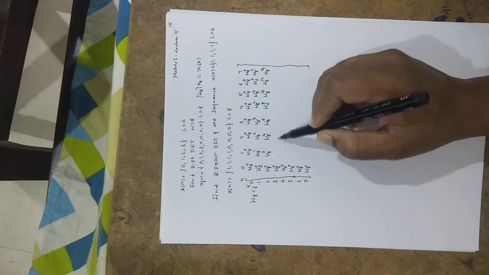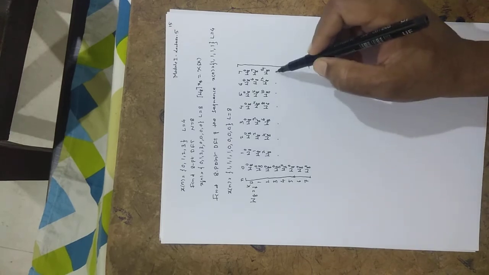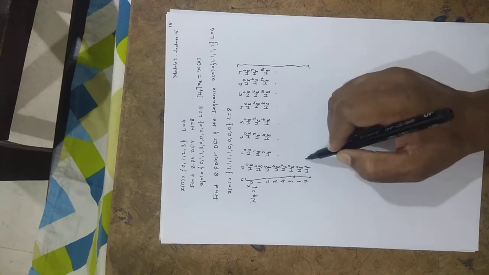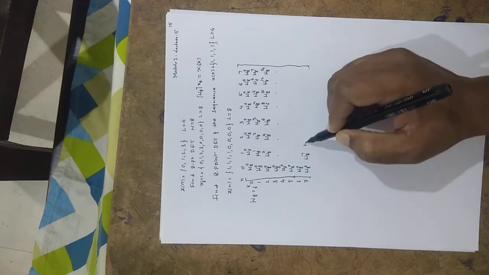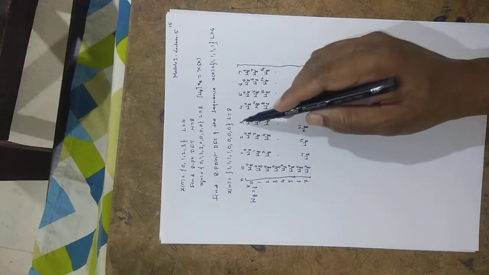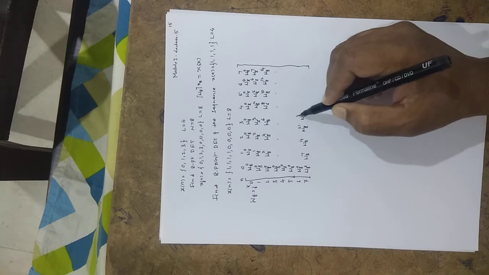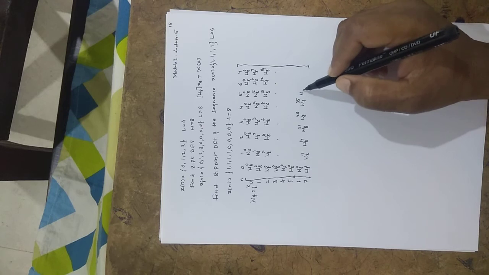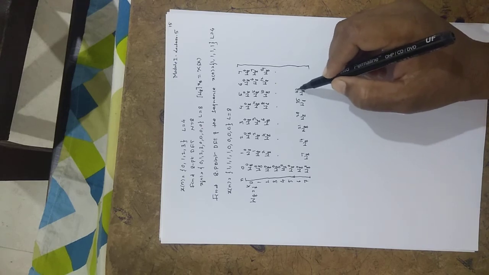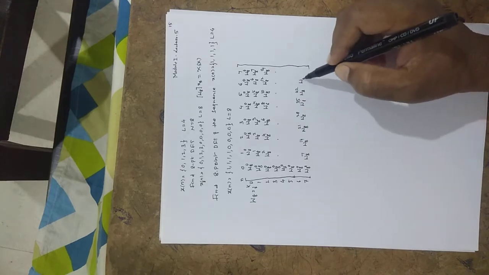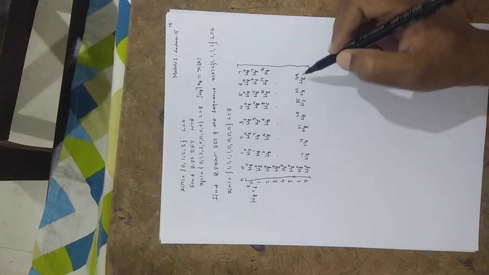In the same way, you write the values of the W's. The last row will complete. So 7 into 1, 7, this is 14, 21, 7 into 3, 21, 28, 35, 42, and one more, the last one is 49.